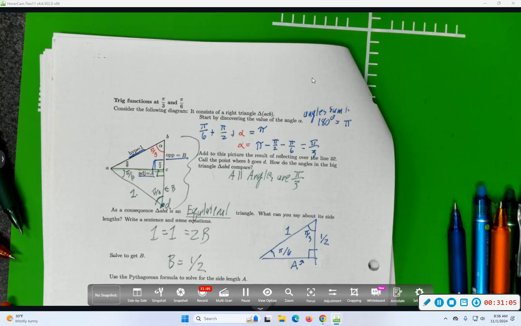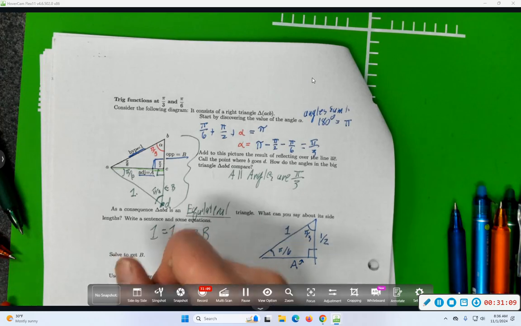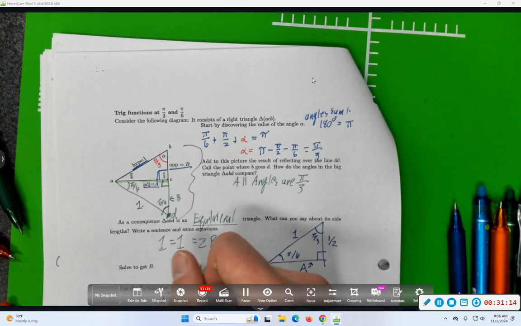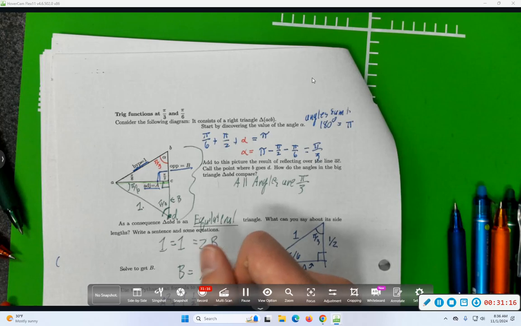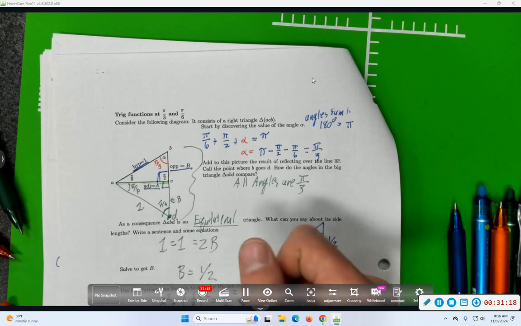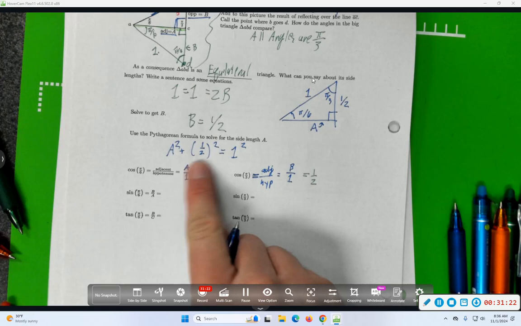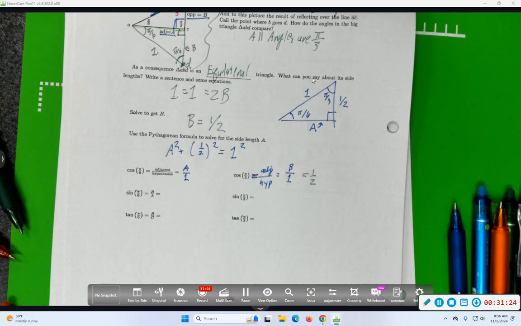A squared plus B squared equals C squared. A squared plus 1/2 squared equals 1 squared. That's something you can solve for A.